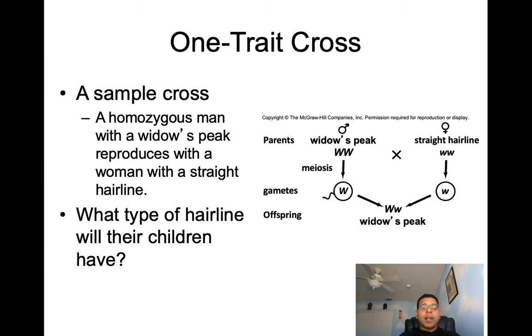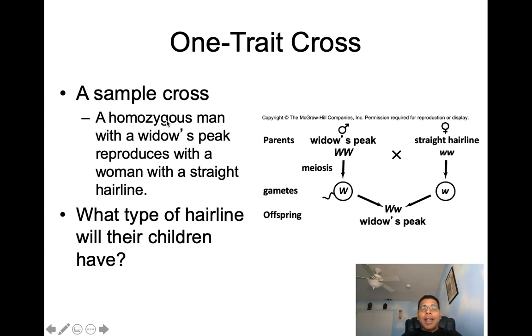All right, next then let's check out one trait crosses. So let's check out crosses between parents in relation to one trait, and then afterwards we'll move on to two different traits. Now here, let's talk. If a homozygous man, so they're telling us homozygous man, now we know homozygous, this means the same. So the genotype's going to be the same.